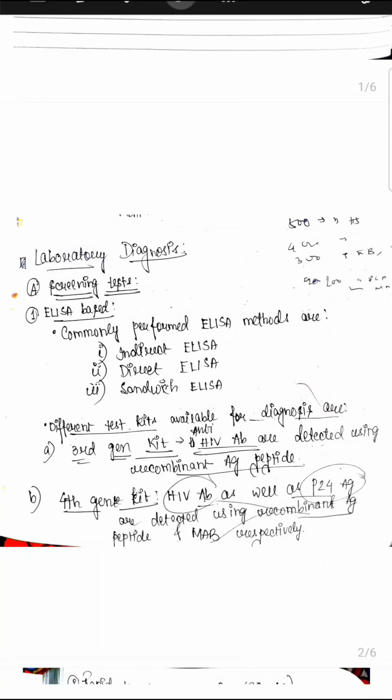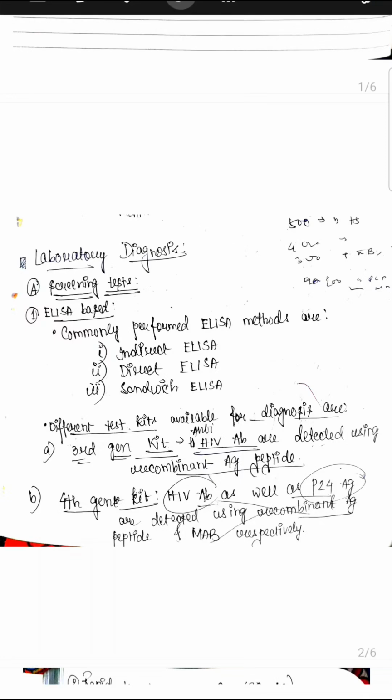Okay, before beginning with the laboratory diagnosis, let us know something even more interesting about the clinical diagnosis of AIDS. That is purely based on the clinical features. There are 2 systems for it currently running throughout the world. One is the CDC classification system and another one is the WHO classification system.